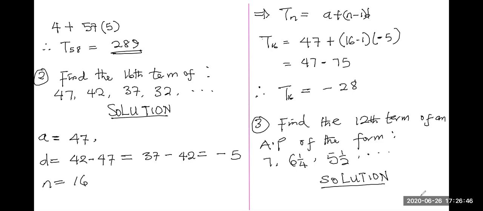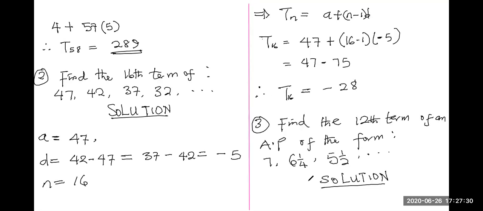When we find our common difference, our d is equal to 5.5 minus 6 1/4, which is 6 1/4 minus 7. When we do this, we discover that our d gives us minus 3/4 in each case. So it's a constant difference.